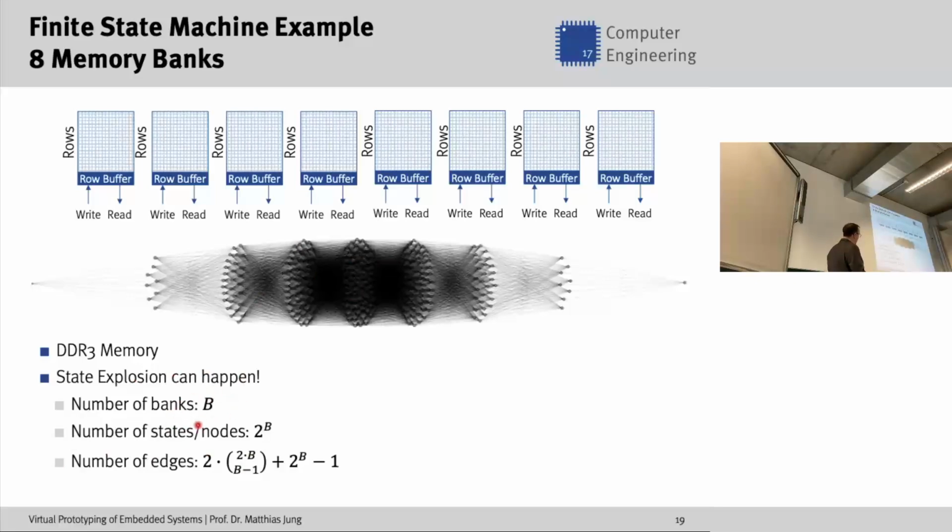Yeah? So you can also calculate it. So this is the number of banks, B. Then you will have basically 2 to the power of B states, approximately. Yeah? And this is also, I calculated that once. This is the number of edges that you have in between. This is also interesting. So that kind of explodes, it's exponential, so it's 2 to the power of B. And that's the problem that we have with state machines.